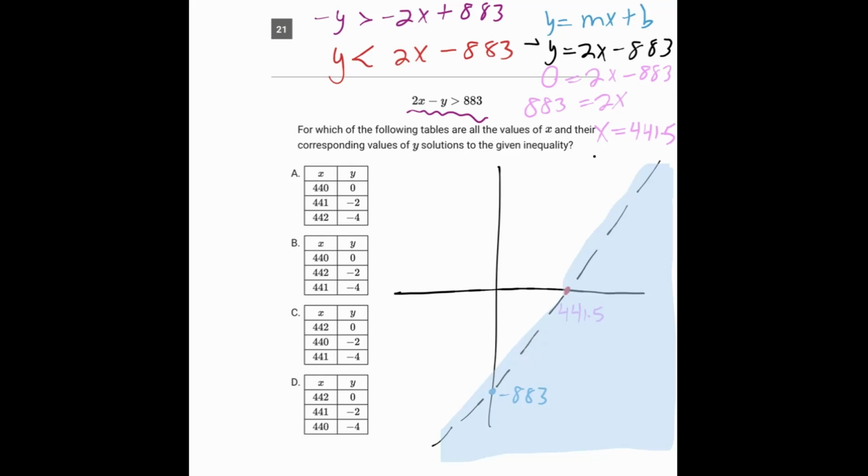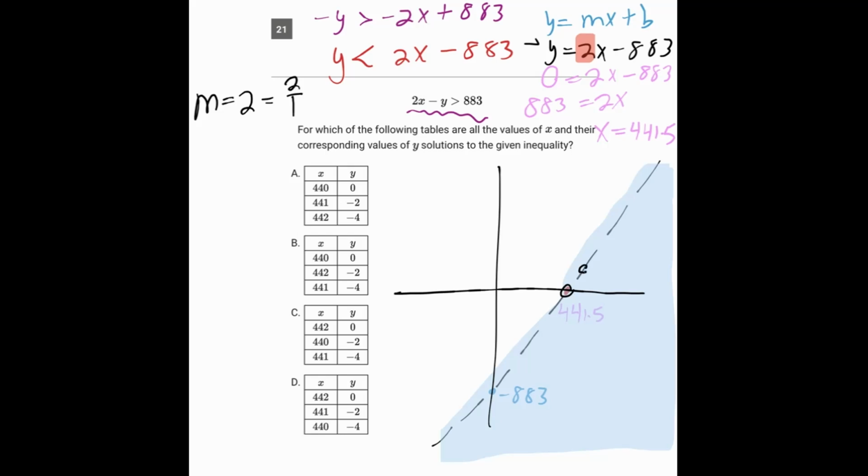And let's think about how, if the slope is 2, well, that slope of 2 really means it's 2 over 1. So if we want to know where's the next point that continues beyond this x-intercept, we would go up 2 and over 1.